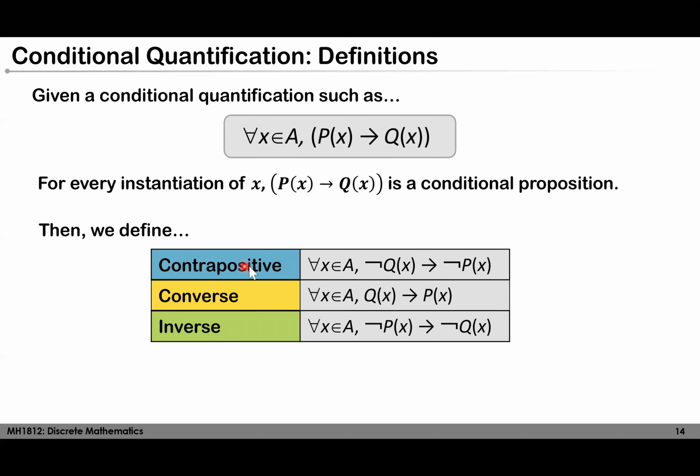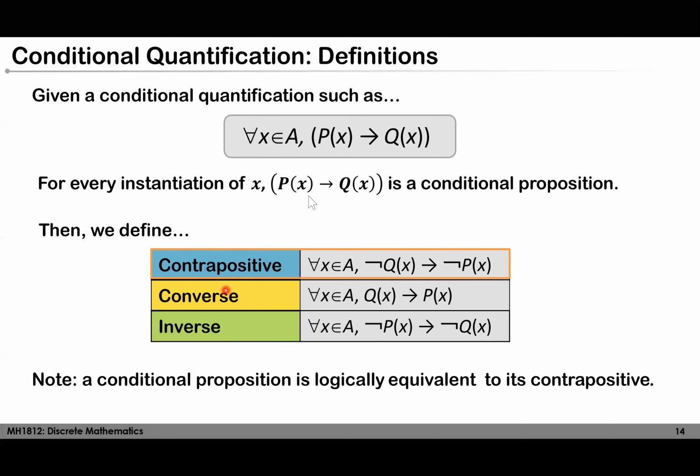The contrapositive of the conditional quantification is this, and then the converse and the inverse. We know that a conditional quantification is logically equivalent to its contrapositive.